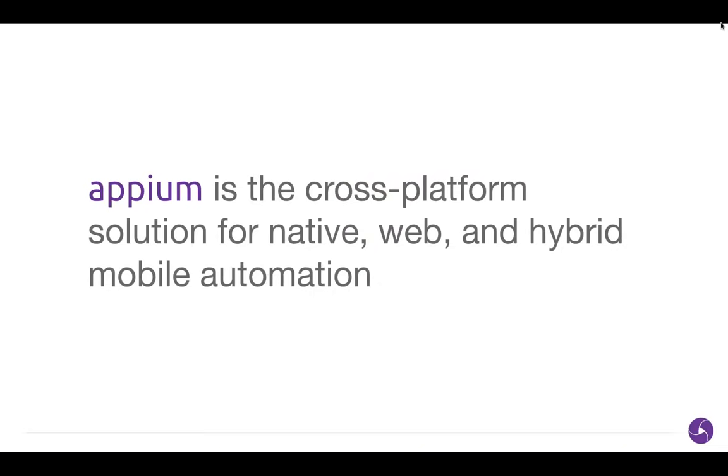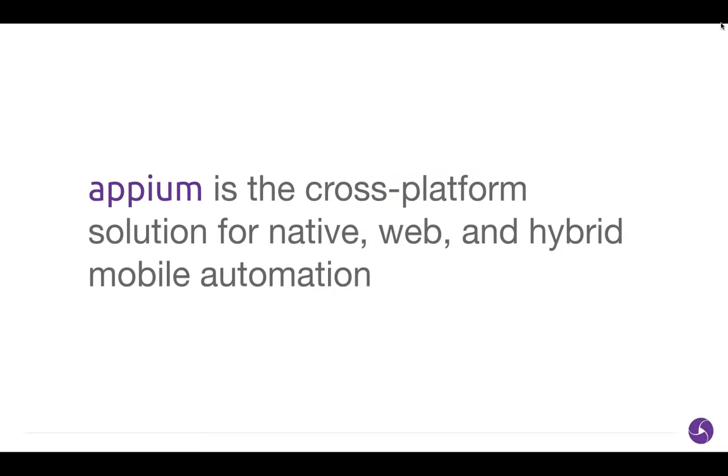But just by way of a very brief introduction, Appium is a cross-platform framework to allow you to automate native, web, and hybrid mobile apps. And actually, as Appium has moved into the present and the future, we're going sort of to mobile and beyond, I should say, where we now offer the automation of Windows desktop apps and even more recently, Mac apps in addition to our core mobile offering.